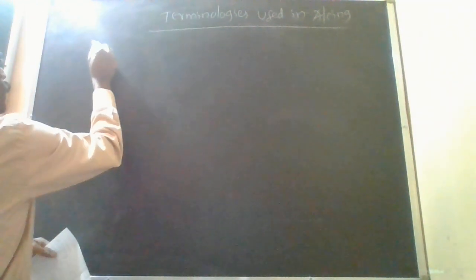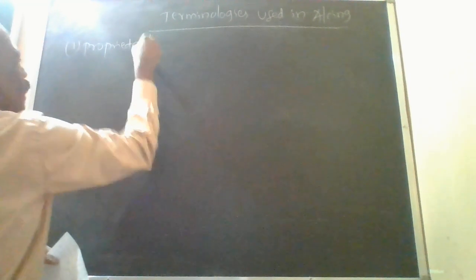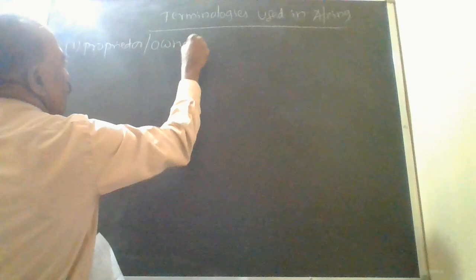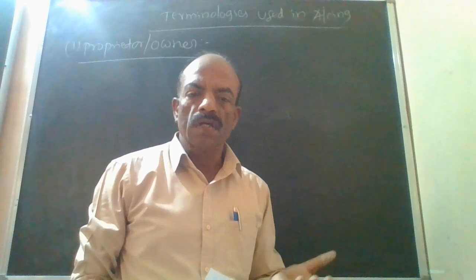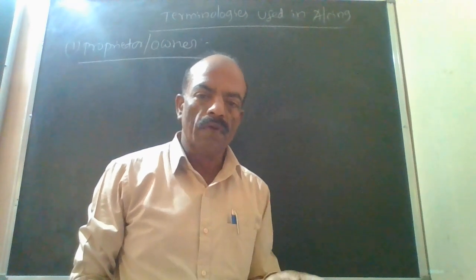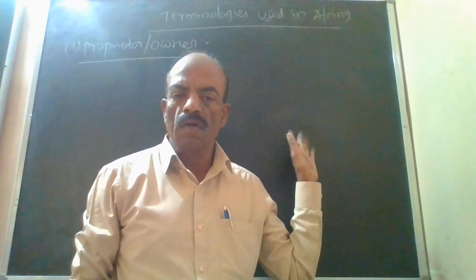First one is the proprietor, or owner. So proprietor is a person who contributes the capital for his business. Very simple. The proprietor is also called owner.